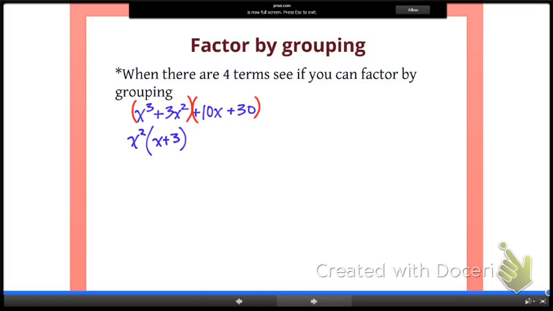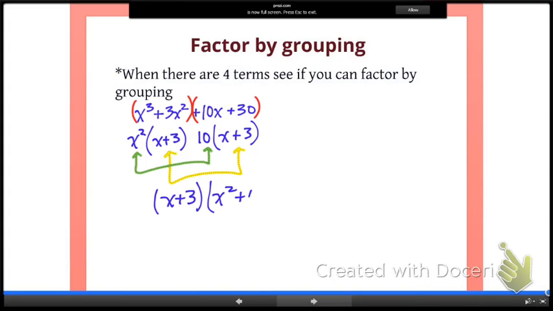In your second set of terms, both pieces are divisible by 10, leaving you with x plus 3 in parentheses. The parentheses need to be twins, and those are your first set of factors. And your second binomial factor is x squared plus 10. So my final answer would be x plus 3 and x squared plus 10.